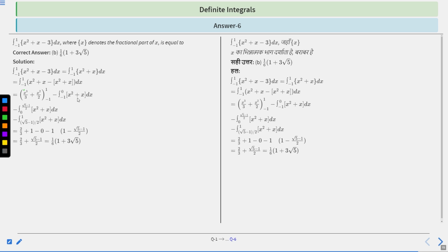So when you solve this, you'll see from -1 to 0, the value of x squared plus x will be basically -1, and from 0 to root 5 minus 1 by 2, because at x equal to root 5 minus 1 by 2, x square plus x will be equal to 1, and before that x square plus x will be 0, right?